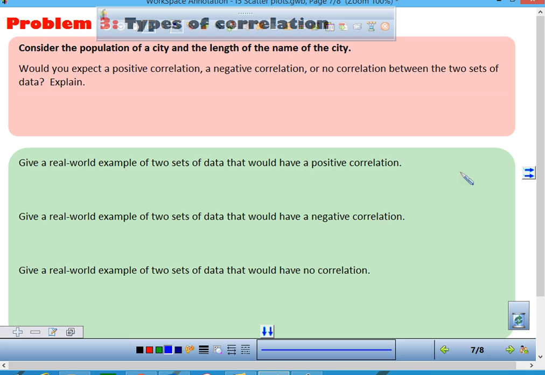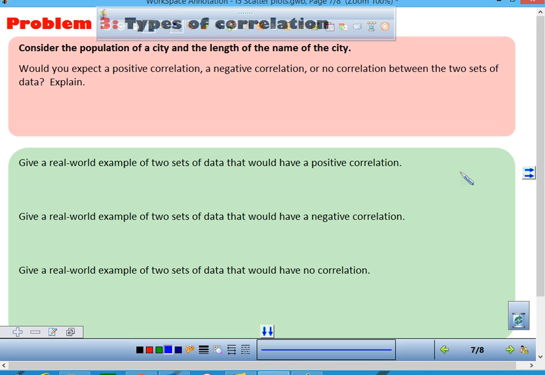Okay, here we go. This is when you start thinking of correlations between variables, and do you expect one to be there or not? Okay, consider the population of a city. Use Fargo as an example, and the length of the name of the city. Would you expect a positive correlation, a negative correlation, or no correlation between the two sets of data?